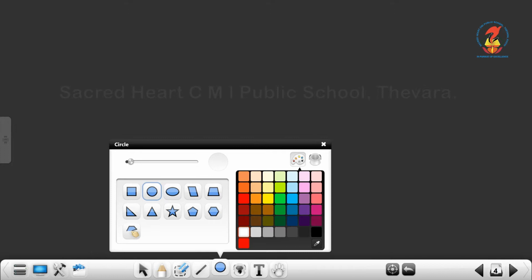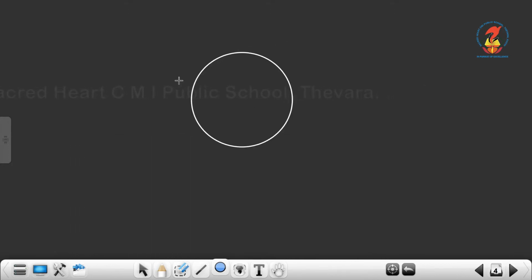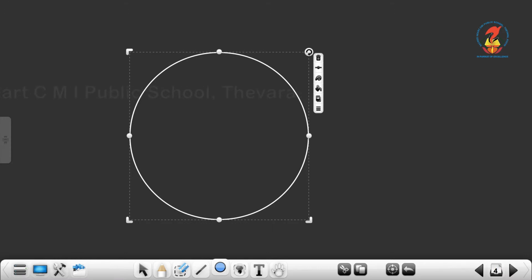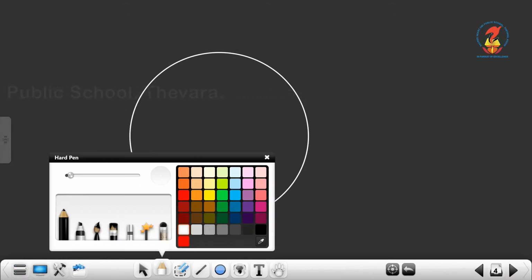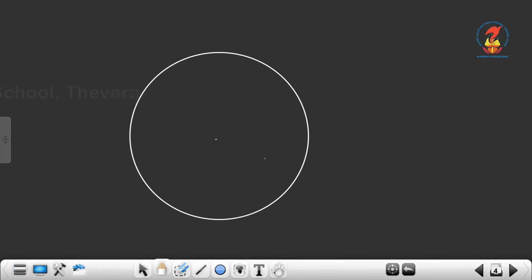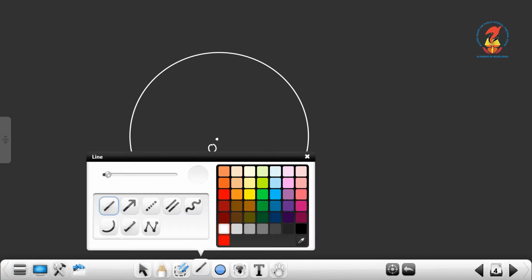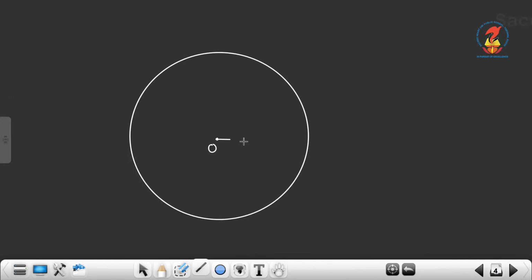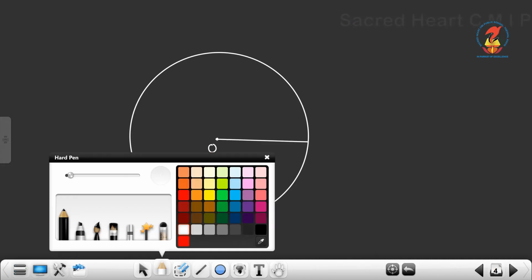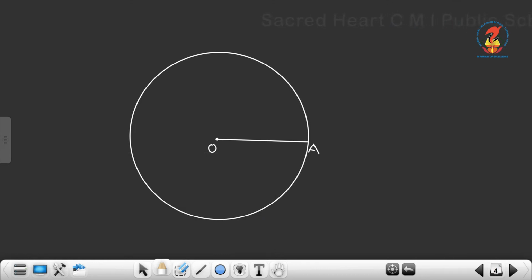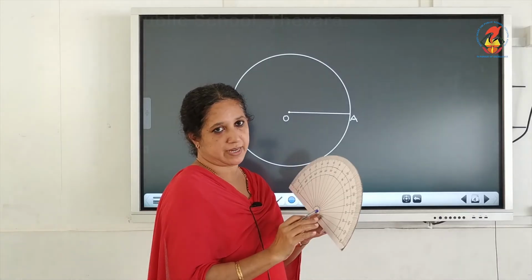Then mark its center as O. Then draw the radius of the circle and mark it as A. So first step, draw a circle with a suitable radius, then mark its center and draw its radius. Now you have to take your protractor.